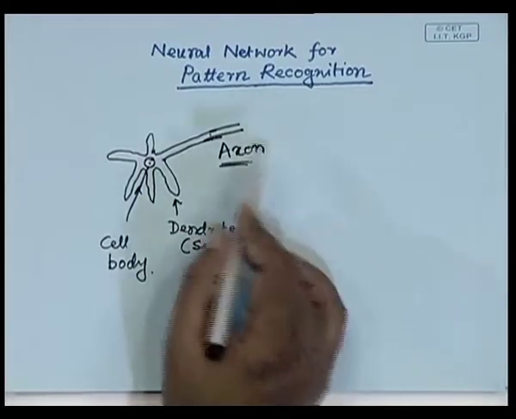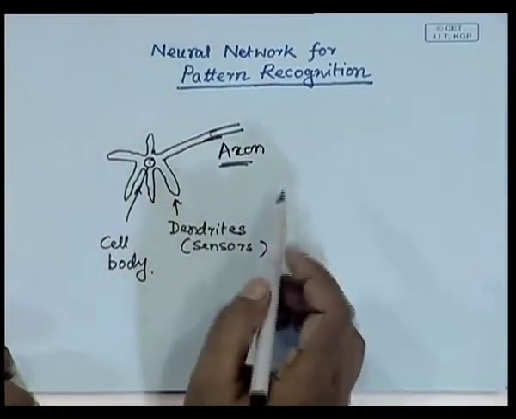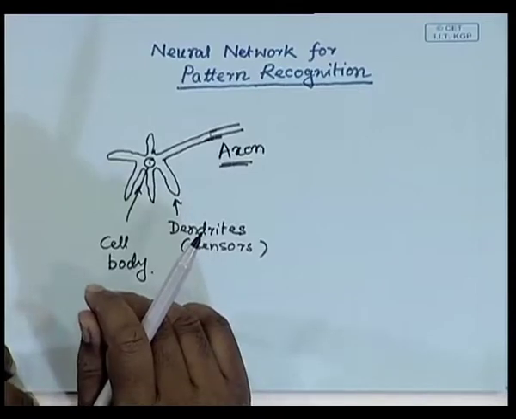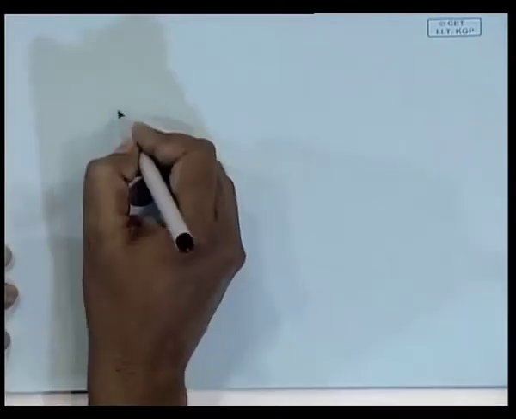So, the neural network also tries to imitate a functionality something like this. A neuron model for machine intelligence or artificial intelligence will be something like this.